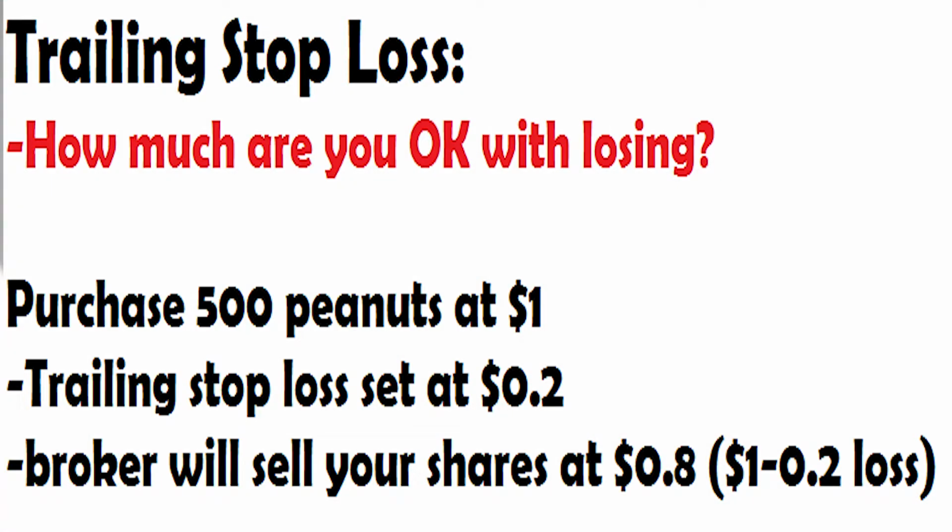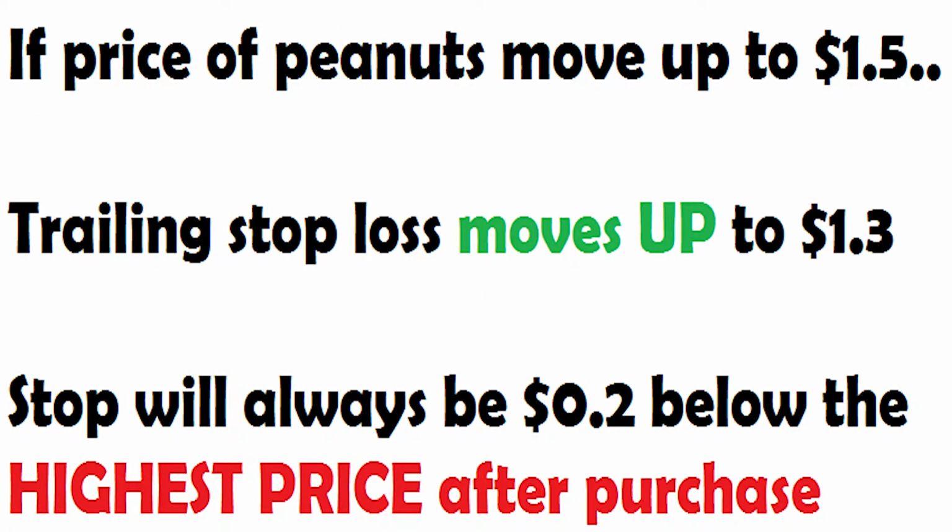For example, if you made your peanuts purchase at $1 and you put 20 cents in your trail, that means you're willing to lose up to 20 cents per peanut on your trade, effectively meaning that your stop is at 80 cents. However, if the price of peanuts moves up to $1.50, then your stop is moved up as well to $1.30, as your stop will always be 20 cents below the highest price.